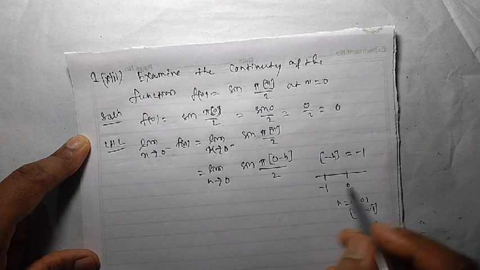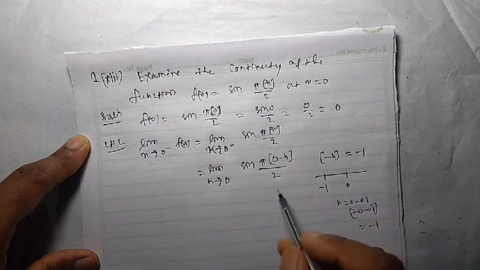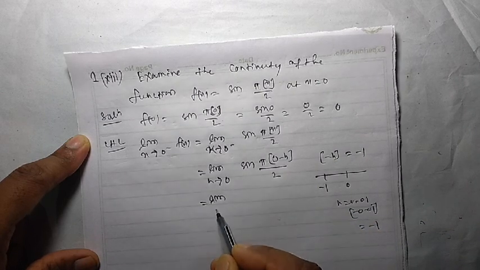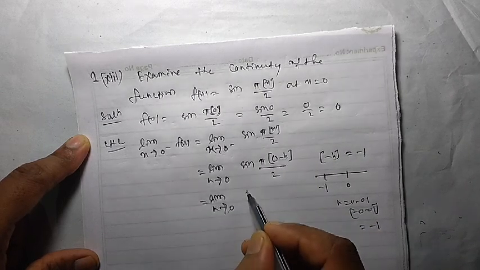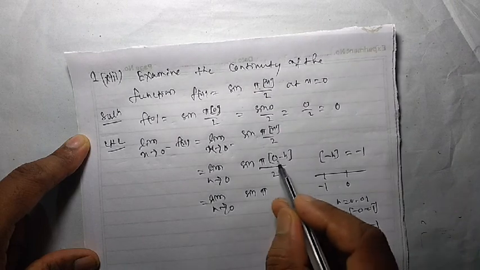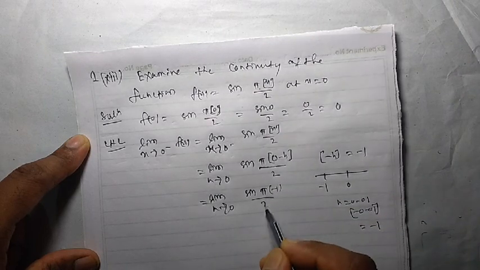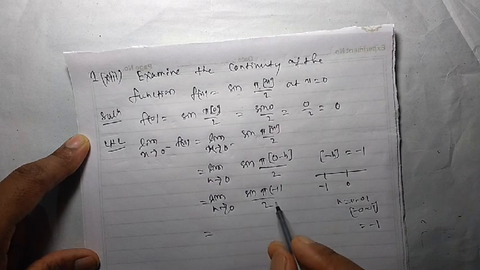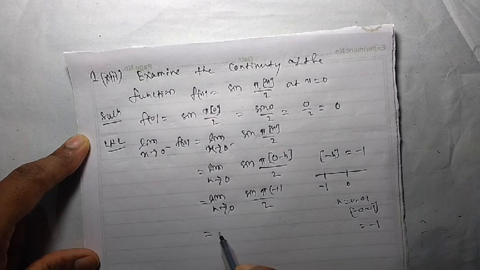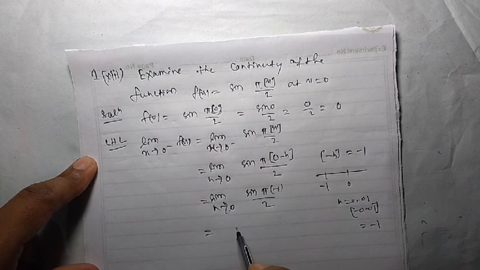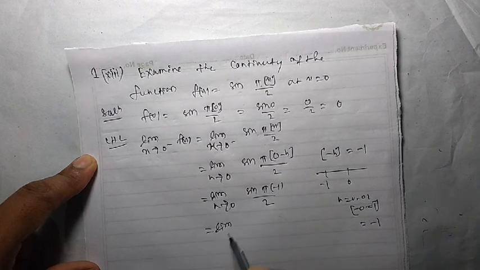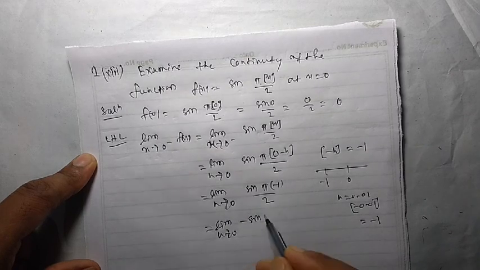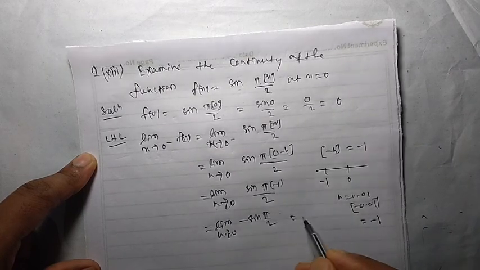So the limit h tends to 0 of sin pi into minus 1 by 2 is equal to sin minus pi by 2, which is equal to minus 1.